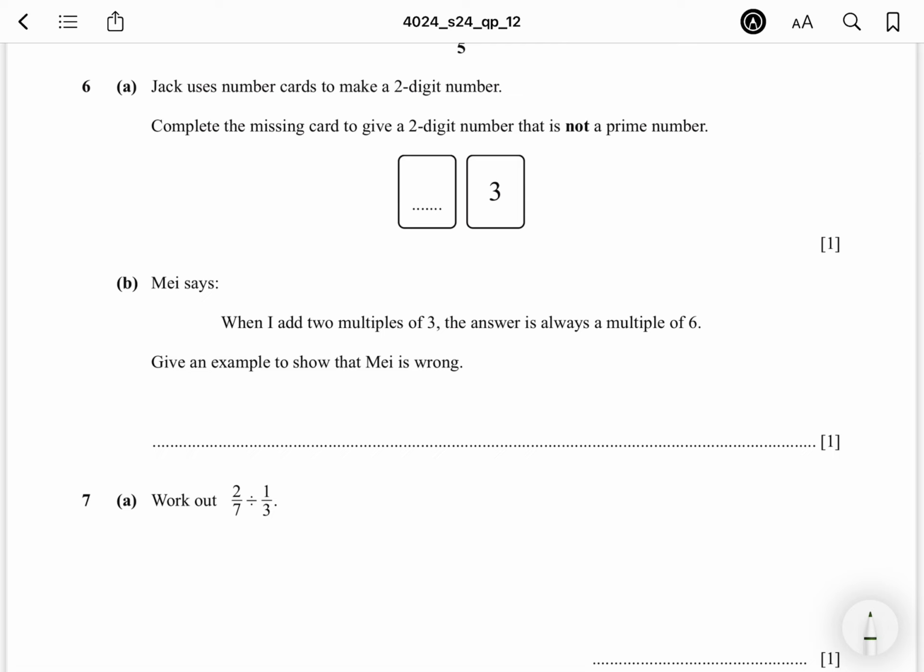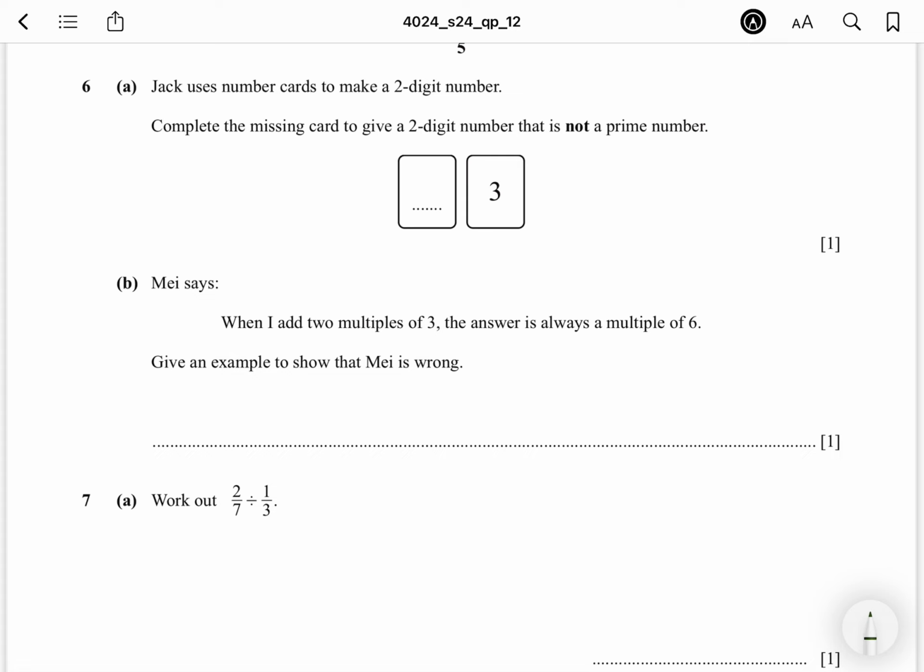Next question here. It seems there's a confusion here. The number you write here should not be a prime.